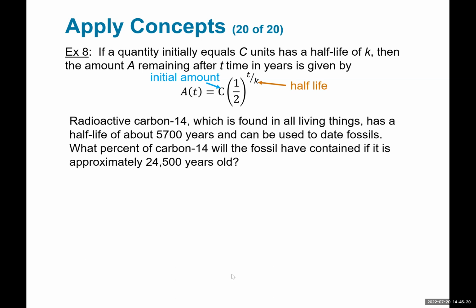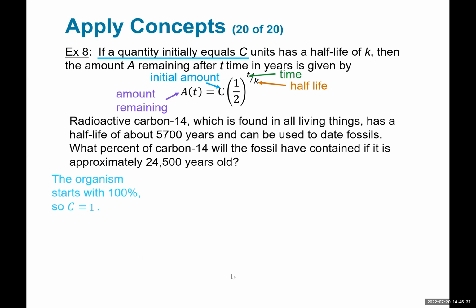The half-life is K, and that's 5,700. The time is given in years. An organism with 100%, like C equals 1, would be the initial amount. Then it decays by half every 5,700 years.